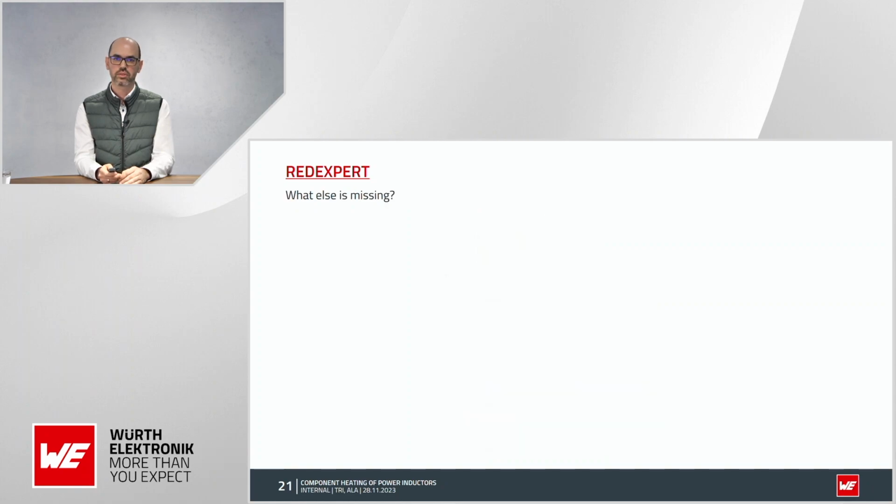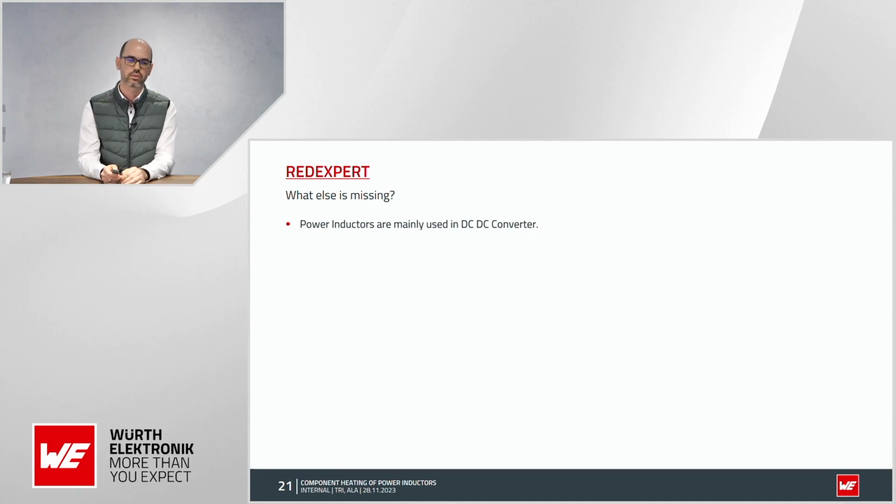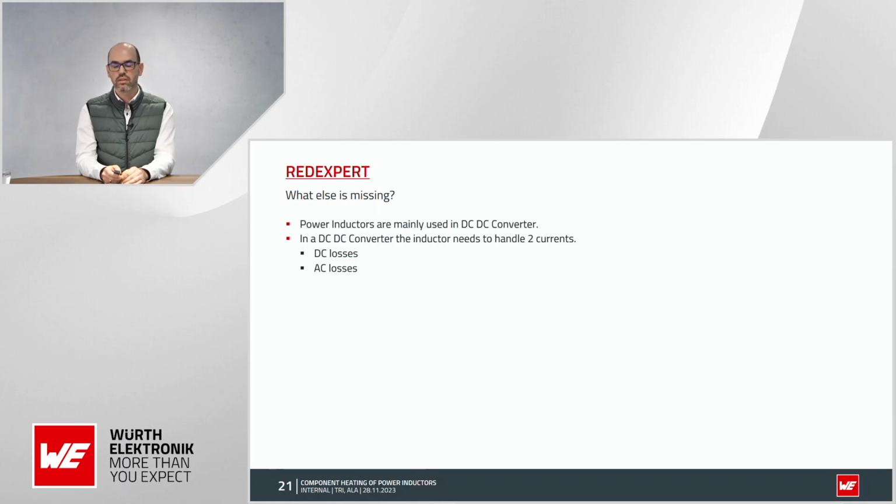So what else is missing? We said in the beginning that power inductors are mainly used in DC-DC converters. So we talked about DC losses, but what about the AC losses? The good thing is, for AC losses we have had a service for a long time, and this is again our Red Expert simulation platform.